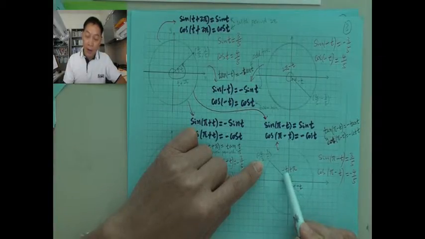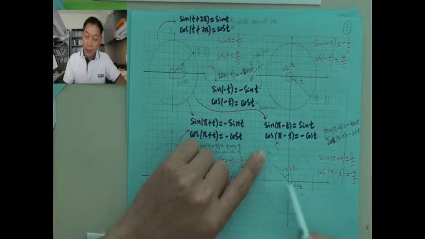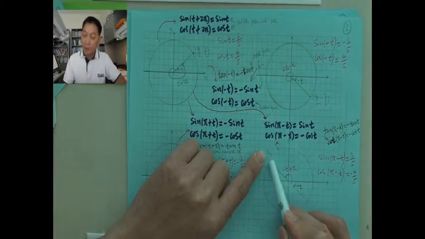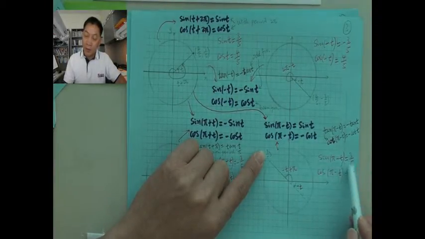Sine pi minus t is the y-coordinate, 3 over 5. So sine pi minus t is 3/5. That's why I wrote here, sine pi minus t is 3/5.